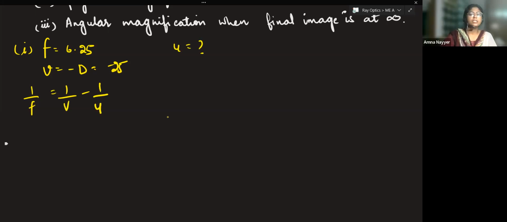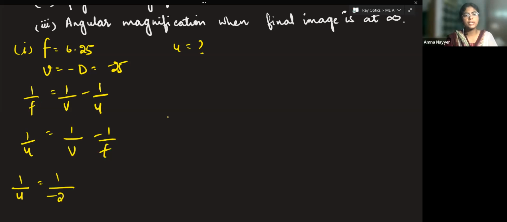So 1 by u is equal to 1 by v minus 1 by f. So 1 by u is equal to 1 by minus 25 minus 1 by 6.25. Both are in centimeters, so no need to convert anything. So you get 1 by u as minus 1 by 25.